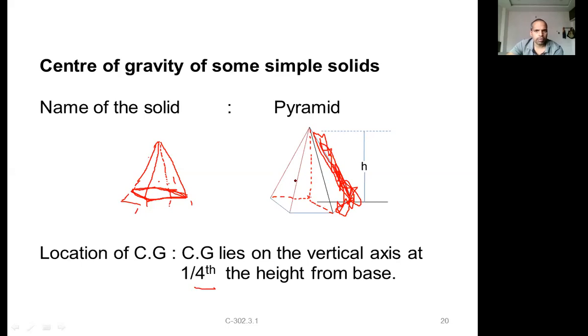This is a pyramid, and these sides are the sides of the base. All four sides have equal size, and the center of gravity lies at a height of h by 4. That is where the center of gravity lies for the pyramid.